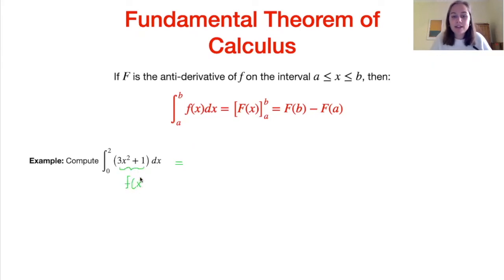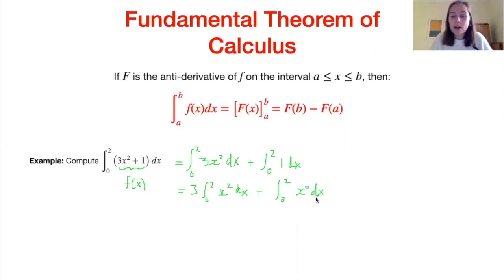In this case, we apply our integration rules to say that this is equal to the integral of 3x squared dx plus the integral from 0 to 2 of 1 dx. This is then equal to 3 times the integral from 0 to 2 of x squared dx plus the integral from 0 to 2 of, I'm going to write this as, 1 times x to the 0 dx.